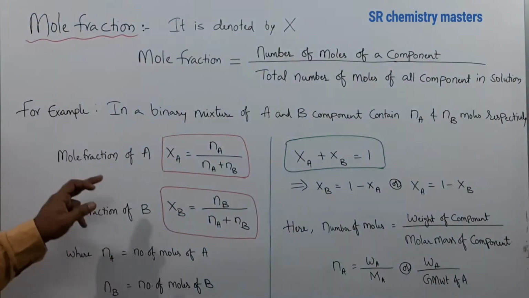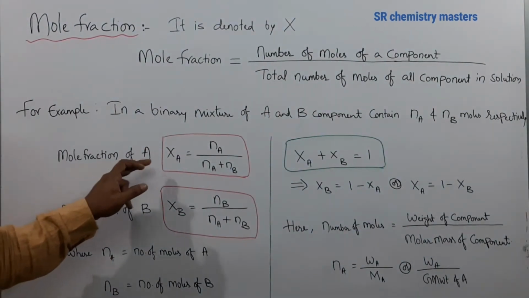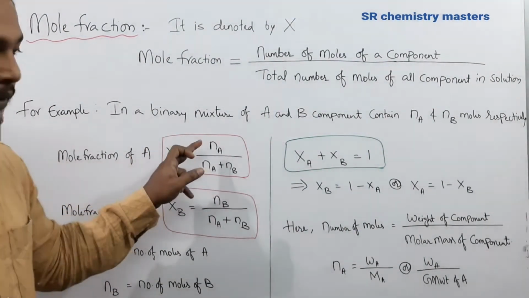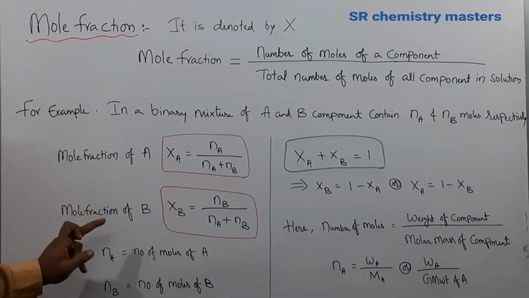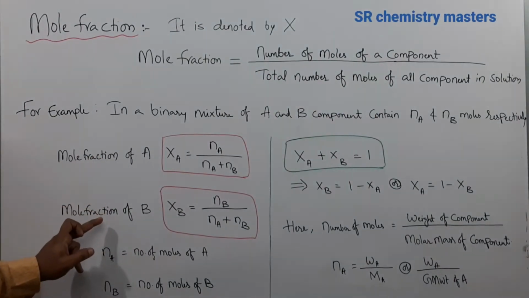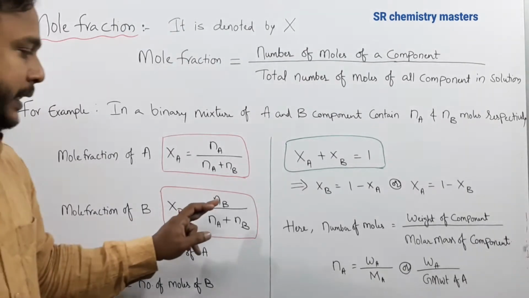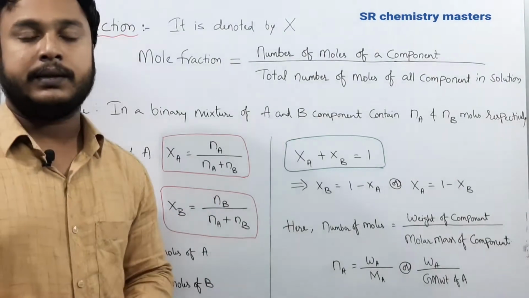Here, as we are calculating the mole fraction of A, we have taken N of A in the numerator, and here, as we are calculating the mole fraction of B, we take N of B in the numerator.